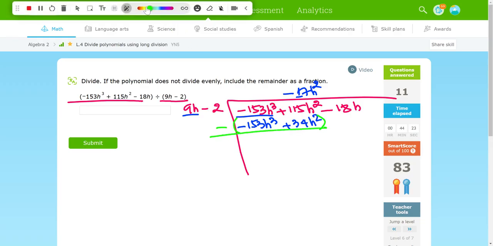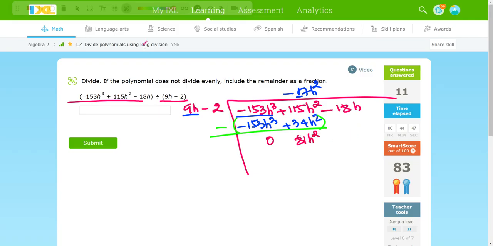So here we go. I should come out at no more h cubed. All right, 115 subtract 34. So come out 81h squared.